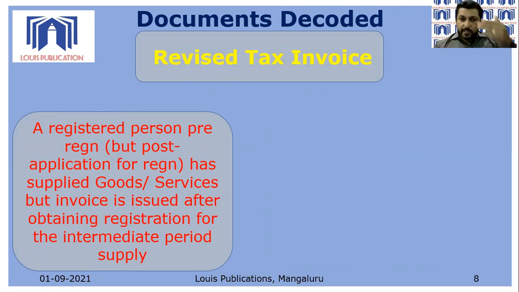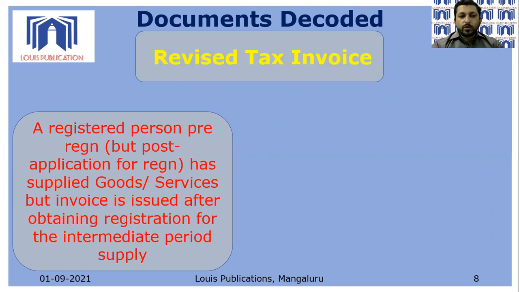If there is any supply happening during that particular point of time, then for all the transactions that happened after application but till the receipt of the registration certificate, to all such recipients, it is the supplier's responsibility to issue a revised tax invoice.